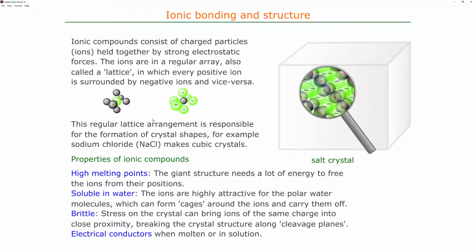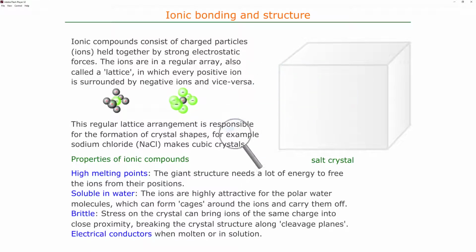Now each individual ion, each negative ion, as we can see over here, let me just take the microscope over here, there we are. Each negative ion is surrounded usually by 6 positive ions. That means it's held in place by 6 strong forces of electrostatic attraction. And likewise, each positive ion is surrounded by at least 6 negative ions.